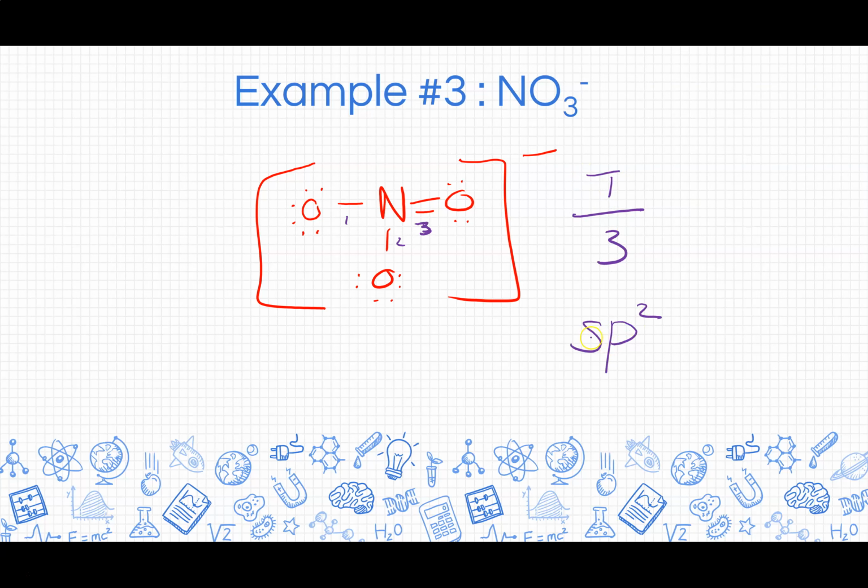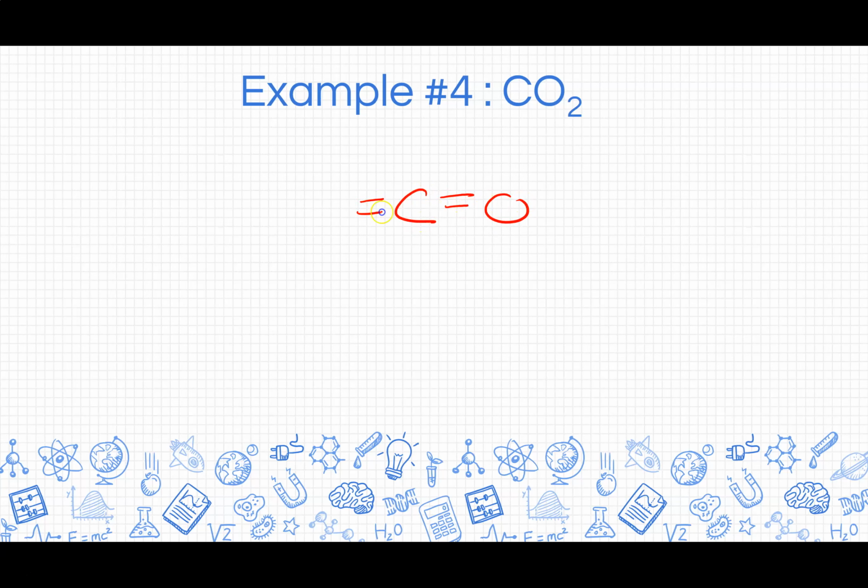All right, here's a new one. This is carbon dioxide. When I do the correct Lewis dot diagram for carbon dioxide, it ends up looking like this. We'll see that when we do our steric number, 1, 2.